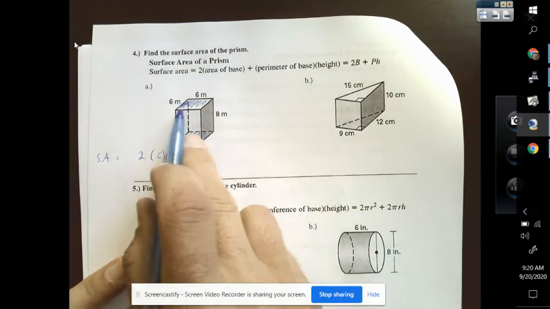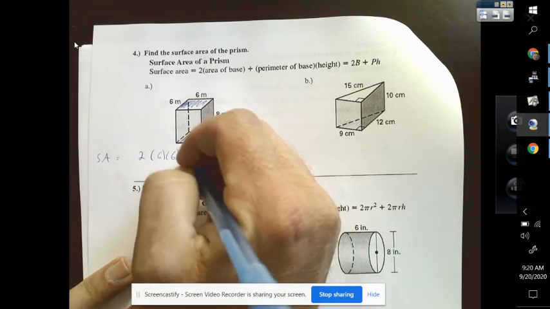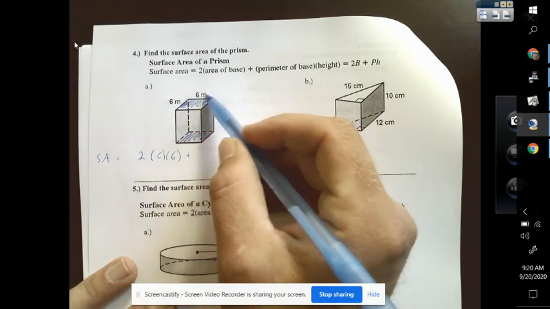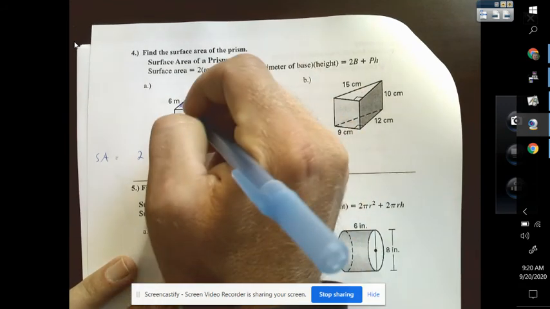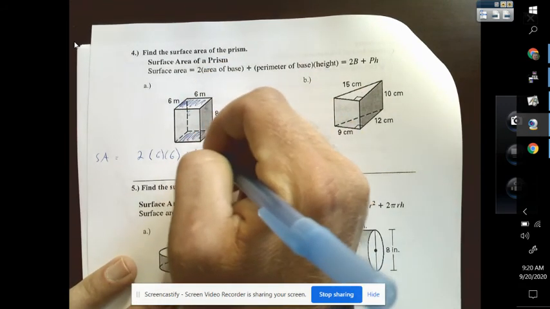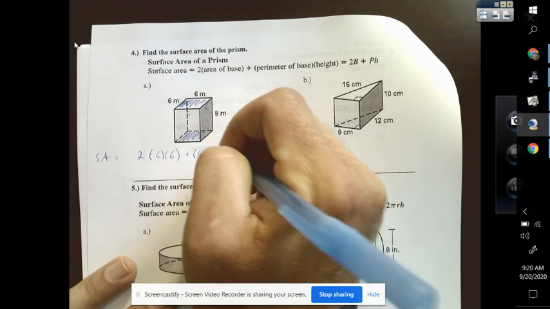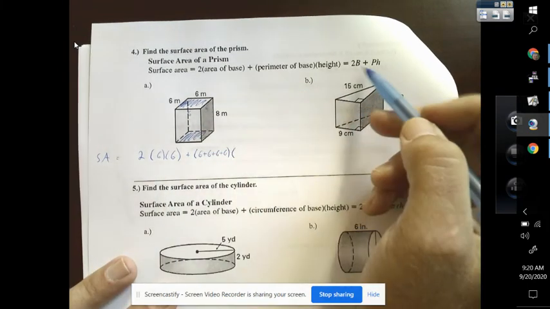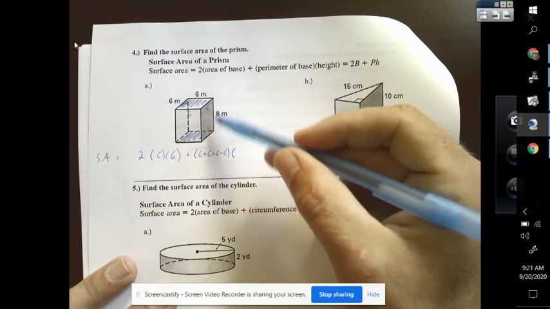Cool, that's all that's saying. There's my area of my base, plus perimeter of my base. Guys, it's a square, so 6, 6, this will be 6, this will be 6. So I'm literally adding them all together. Some of you might be thinking, can I just do 4 times 6? Absolutely, all right? And the height of your polygon is the distance between your bases, 8.